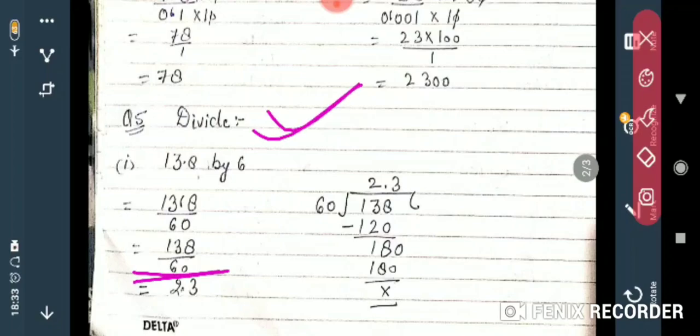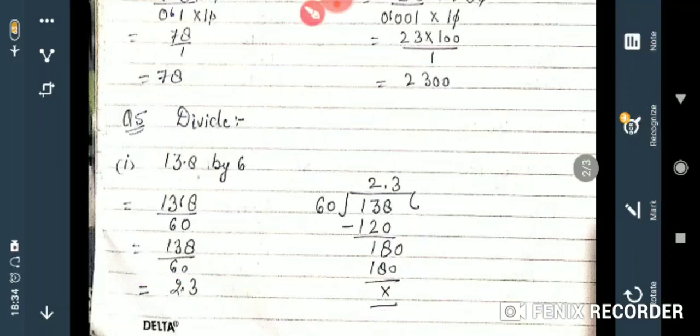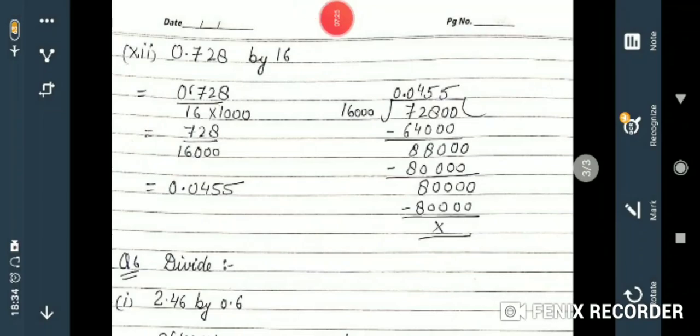So just divide 60 by 120. What is left? 18. Now 18 is smaller than 60. So we'll put a point and we will increase 0. Then 6 3s are 180. Hence the number is divided. What we got? 2.3.